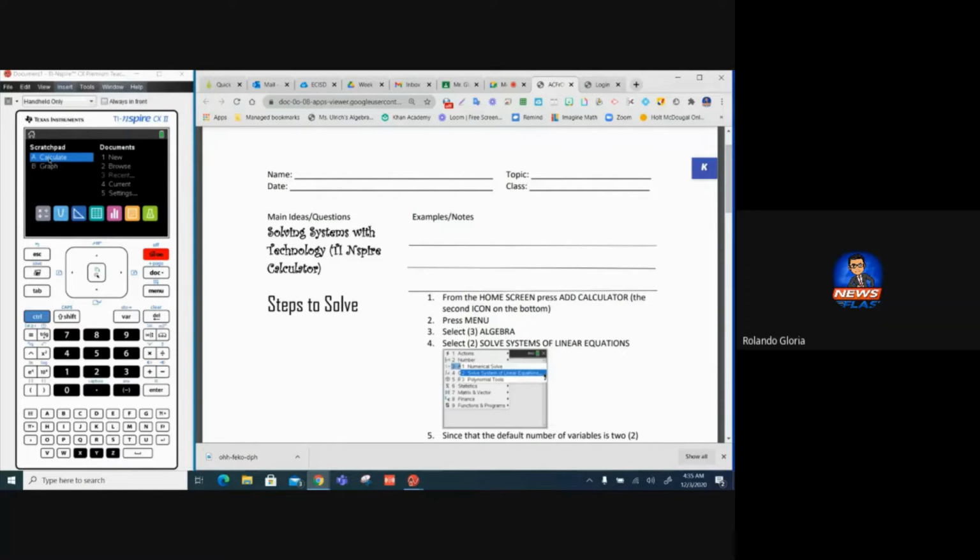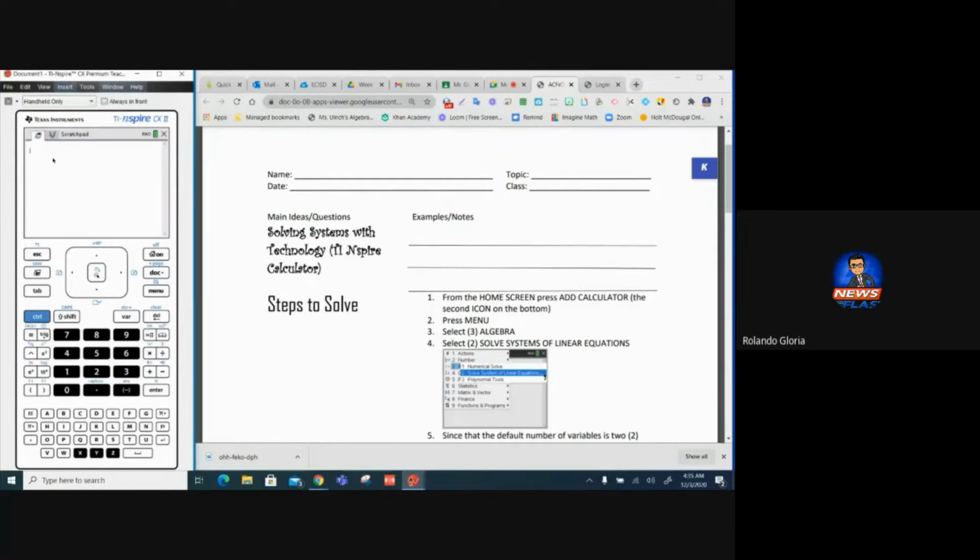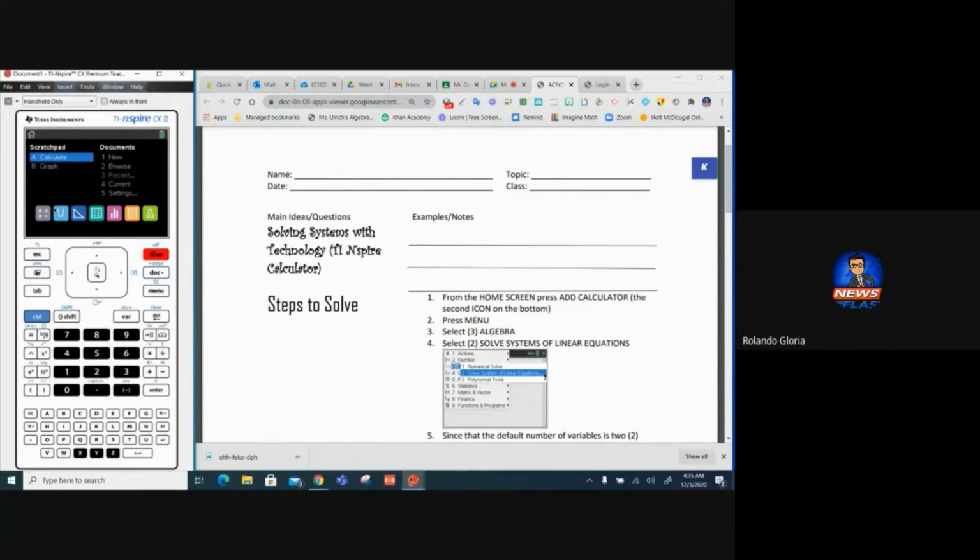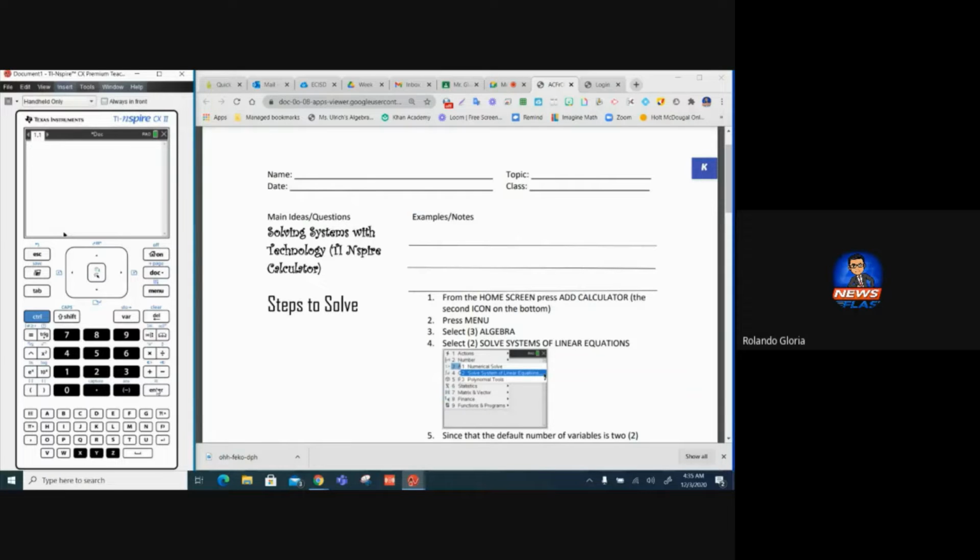You can do it in 3 ways. One, by going to that letter A and press A. Second, we can go to the icons on the bottom and select the first icon. That's add calculator. Okay, and then hit enter.